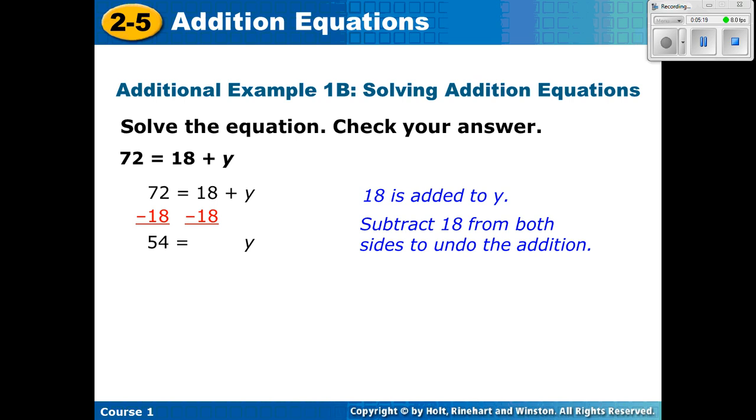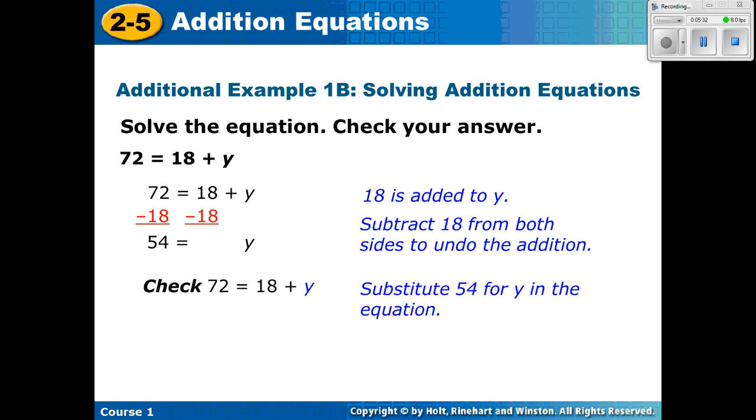So y is equal to 54. Then of course we can always check to see if that's correct. So we're going to put 54 in where y was in the original problem. And then we see yes, it is balanced. So it's a solution.